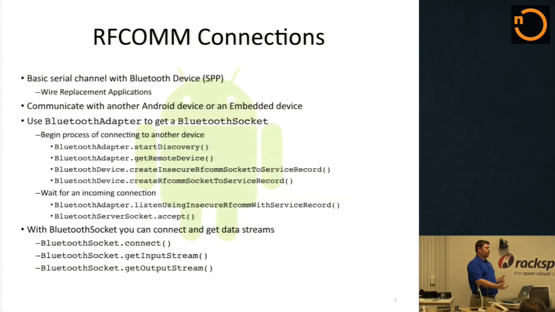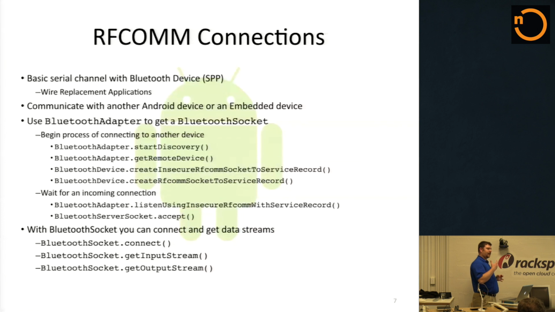So if the devices weren't already paired and you hadn't manually gone through that process somehow, this would usually fail. So you had to somehow add that layer into your application. With insecure RFCOMM sockets, we can create one of those and attempt to connect to that same device. If that device supports the Bluetooth 2.1 spec, I can pair to that device without any user intervention at all. Okay? So that's the difference between those two methods there.